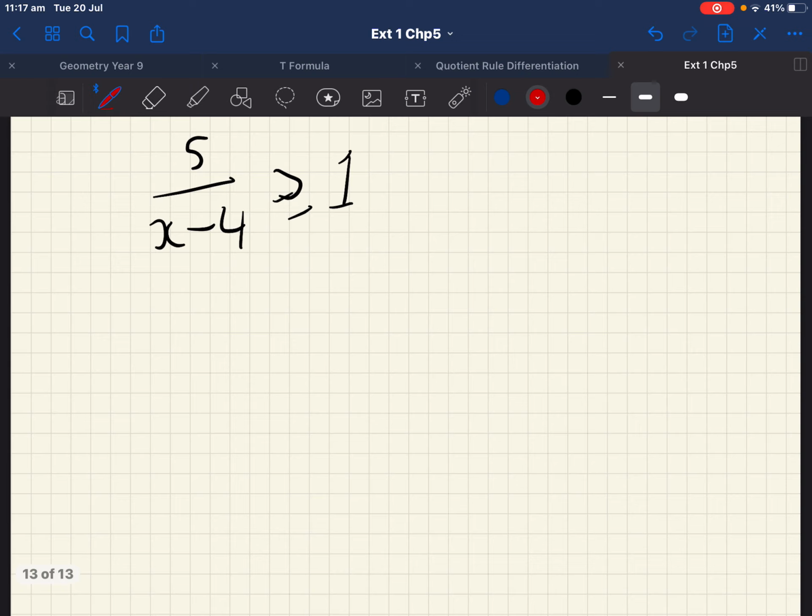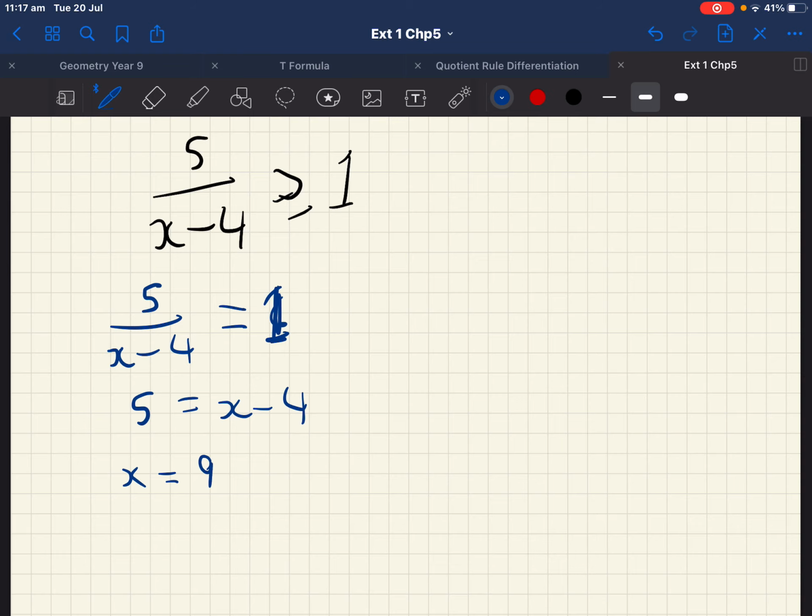Using our critical value method, the idea with the critical values, you know what it is. You just ignore the inequality, pretend that it's an equal sign, and you just solve the equation like normal. 5 is equal to x, so I take that x − 4 across to the other side.